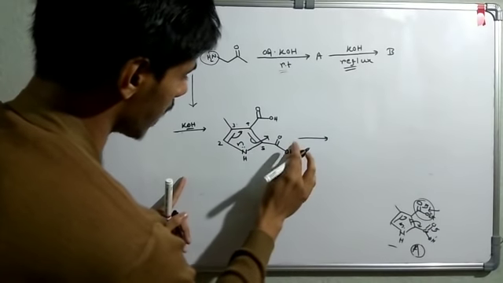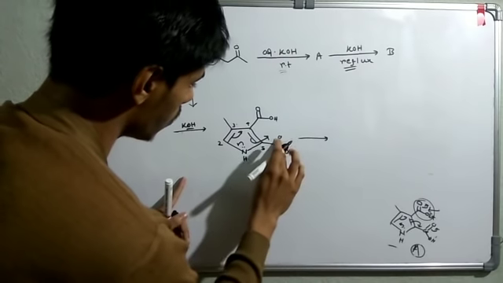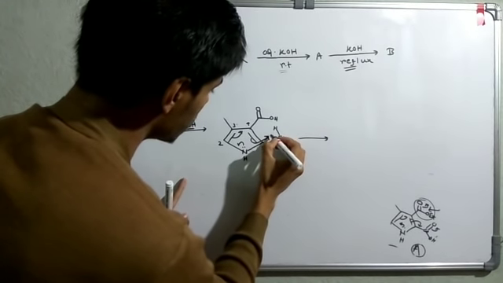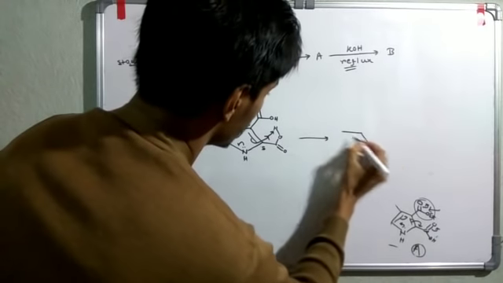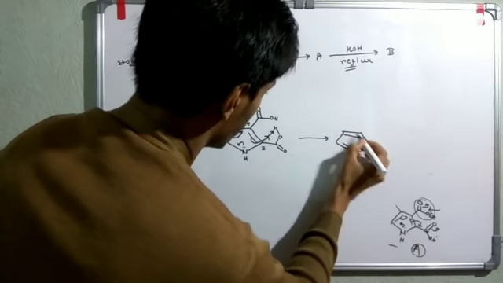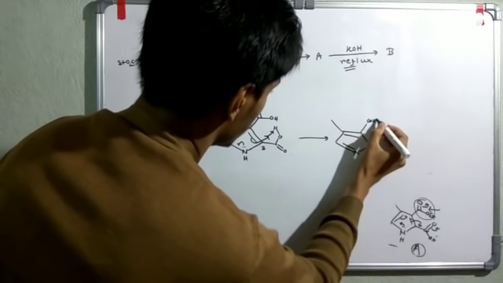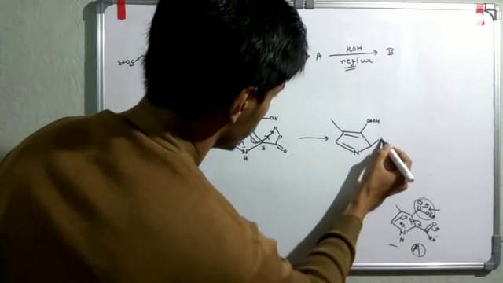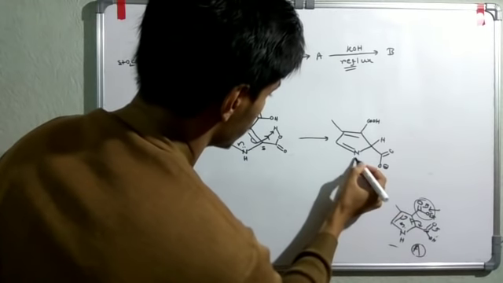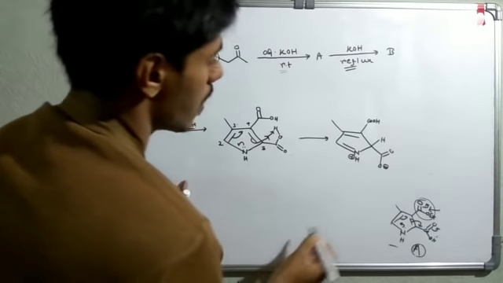So if it reacts from here, we can write like this. It can take this proton from here, so here I write it just like this. Now you will have this intermediate where you have O minus over here, you have plus, right?